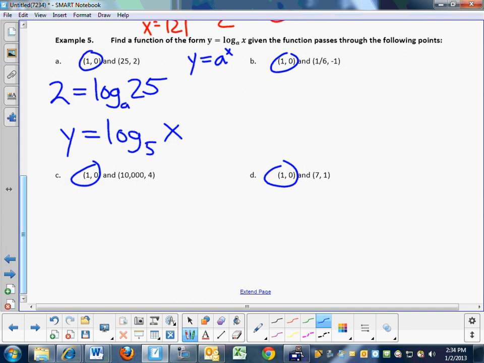So that's our function. So a is equal to 5, so I can write my function as y equals log base 5 of x. This one, my y value is negative 1. Okay, what number do you take to the negative 1 power to get 1/6? What number do you take to the negative 1 power to get, yeah, good, 6.